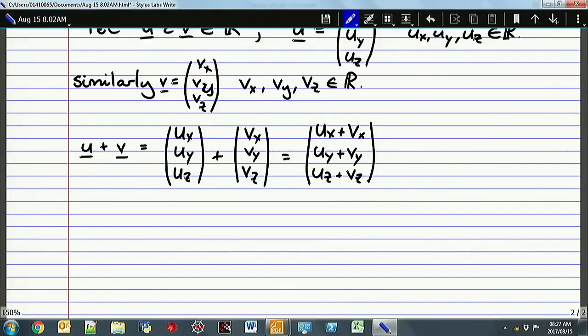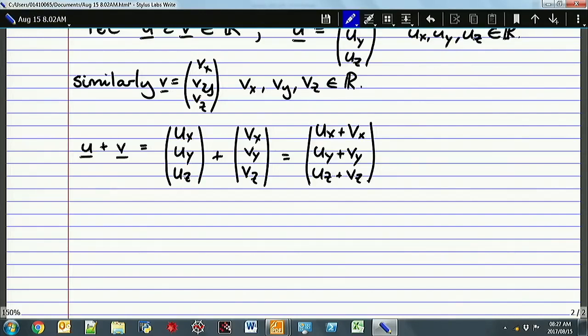So who thinks that this over here is an element of R3? Okay. So why is it an element of R3? Anyone want to suggest why? Yes? All its elements are real. Okay, and all its elements are real because the first element, Ux plus Vx, is just the sum of two real numbers. And when you take two real numbers and you add them together, you get another real number.